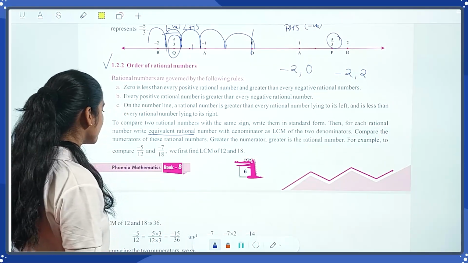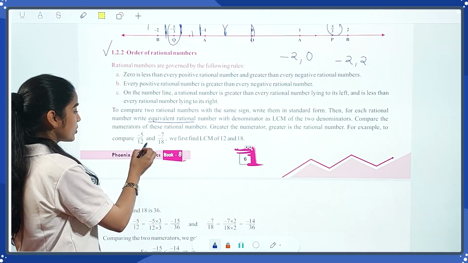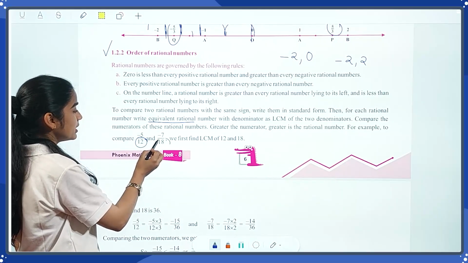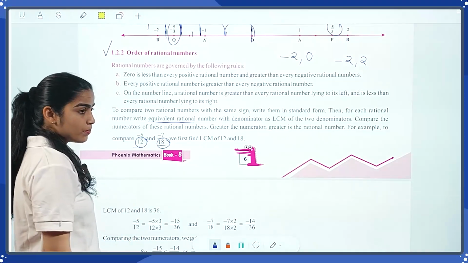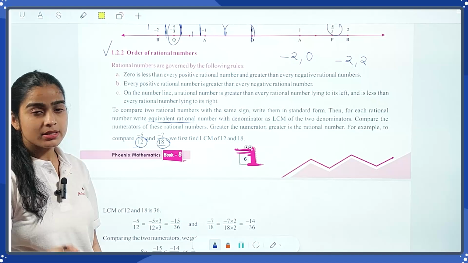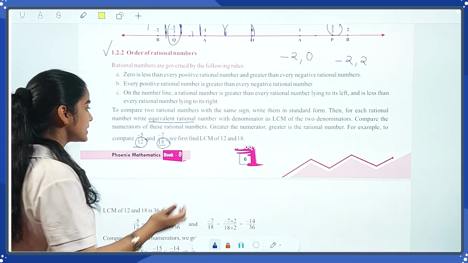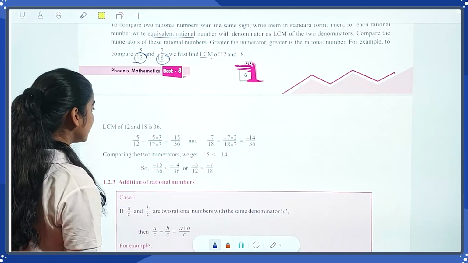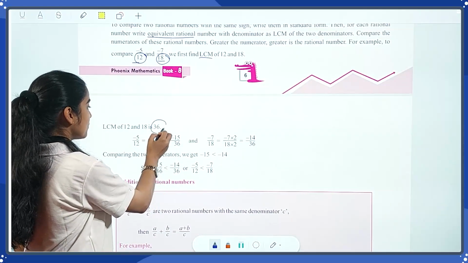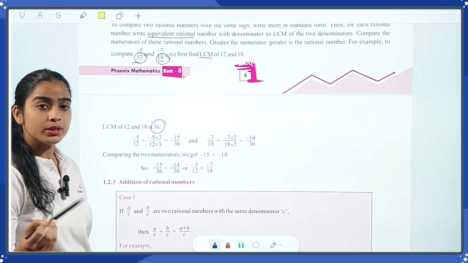For example, to compare this, in this case you notice that your denominators were different, right? So while you have different denominators, the first step you have to perform is taking the LCM of the different denominators together. After that, you have to convert your denominator into the result of your LCM.